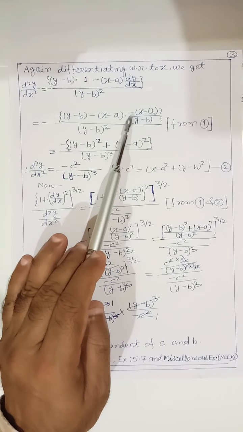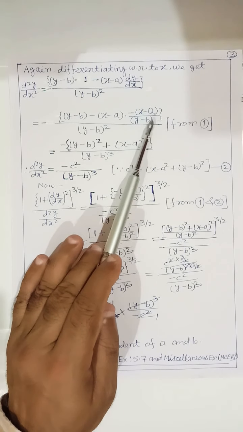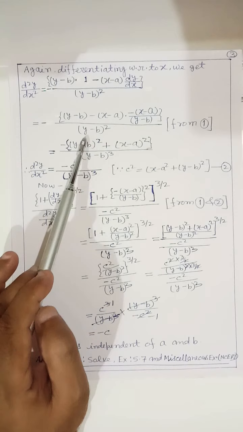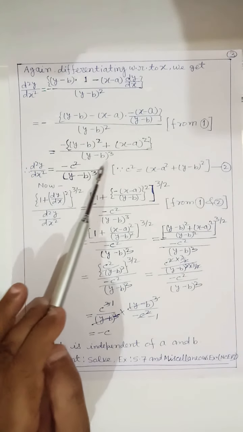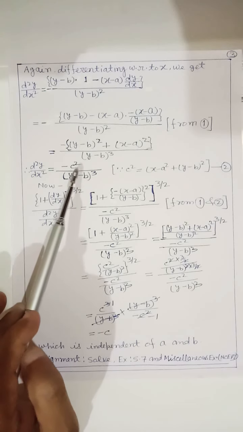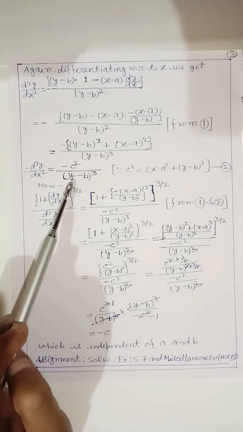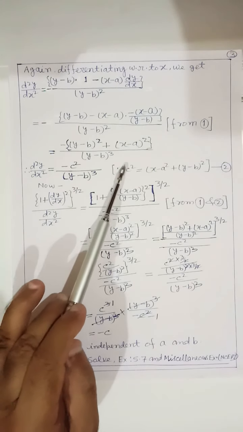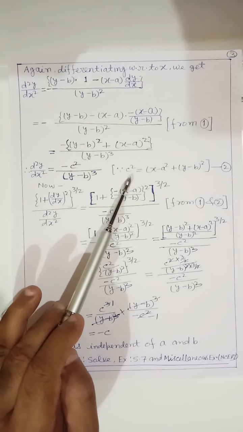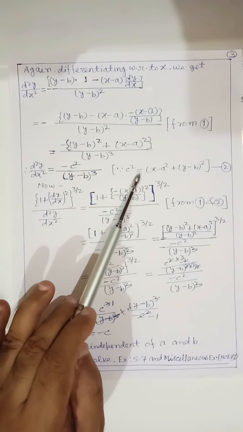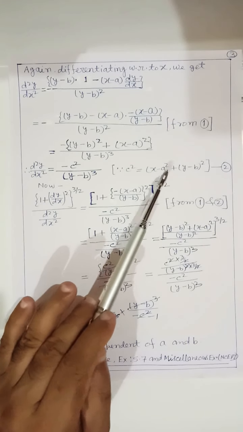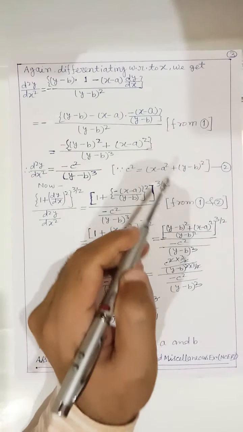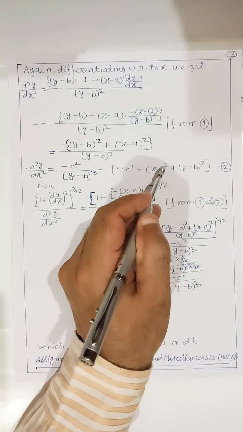From 1 we can write dy by dx as minus (x minus a) by (y minus b), and solving this we get minus c square by (y minus b) whole cube. Here already in the question, c square is equal to (x minus a) whole square.